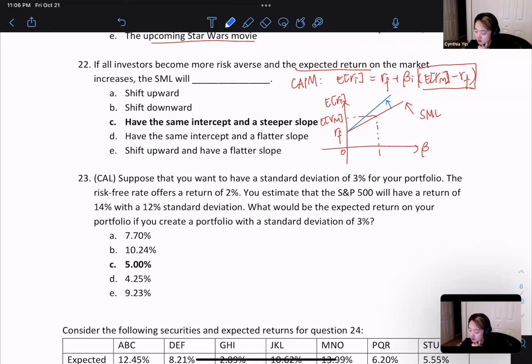Because RF is not changed. And think as if this is y equals a plus bx. And this x is beta, this a is the intercept, because this x-axis is beta. And think the expected market risk premium is the slope b. So if this expected market risk premium increases, it means the slope is getting steeper.